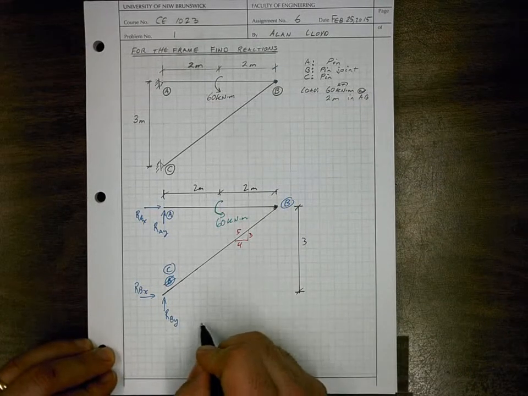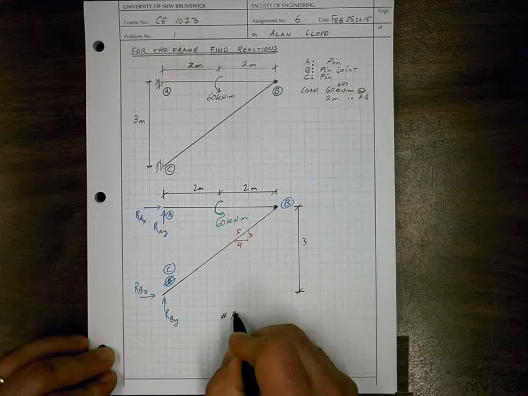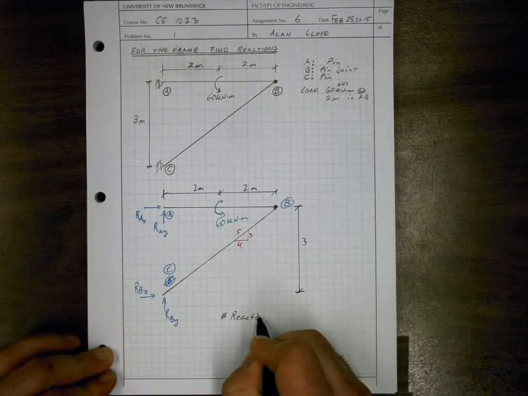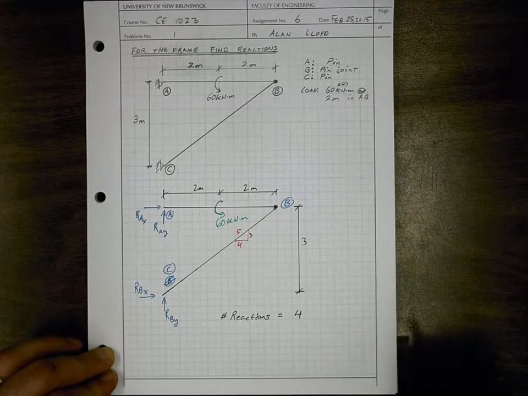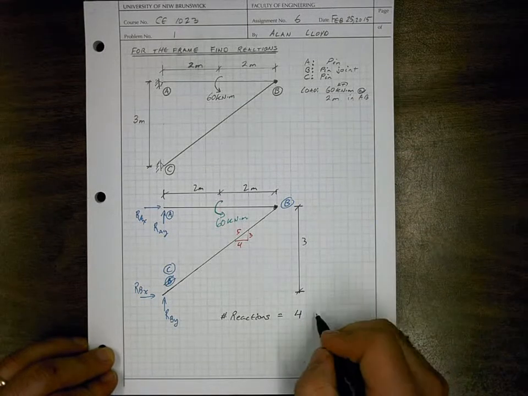First off, if we count the number of reactions, that's equal to 4 reactions, so 4 unknowns.